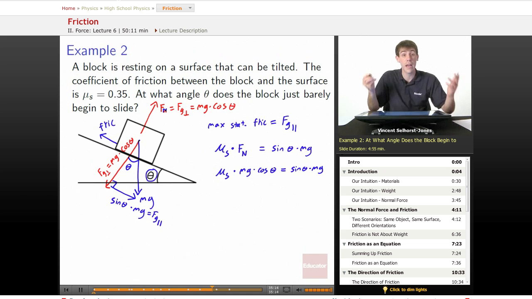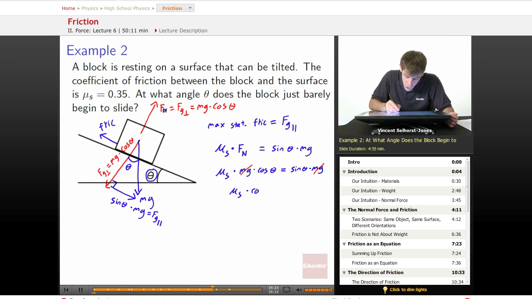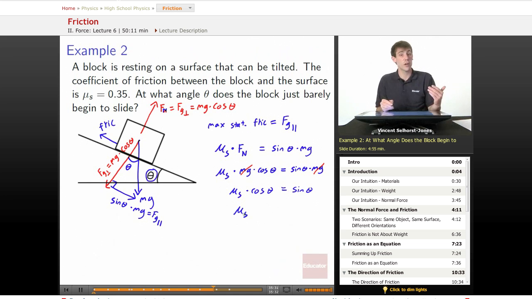Hey, look, we've got mg on both sides. This is why we don't need to know the mass. So we cancel that out on both sides, and now we've got mu s times cosine theta equals sine theta. Well, we can collapse that into one trig function by dividing by cosine theta. And since sine theta over cosine theta equals tan theta, we've got mu s equals tan theta.